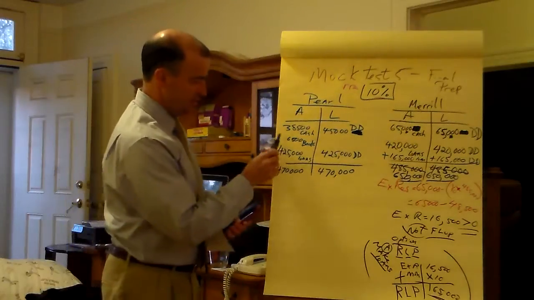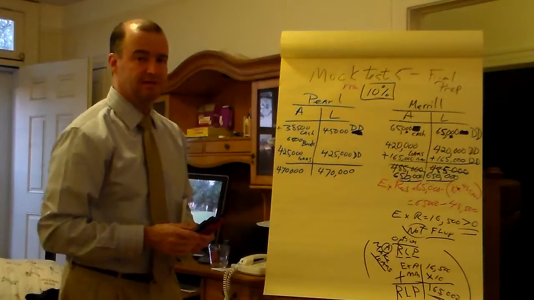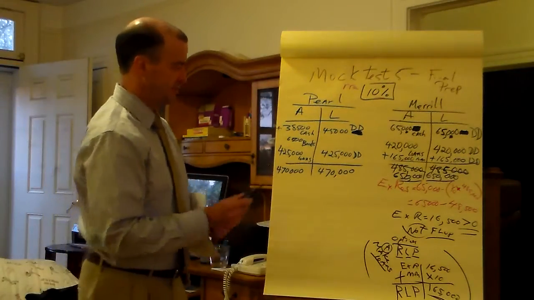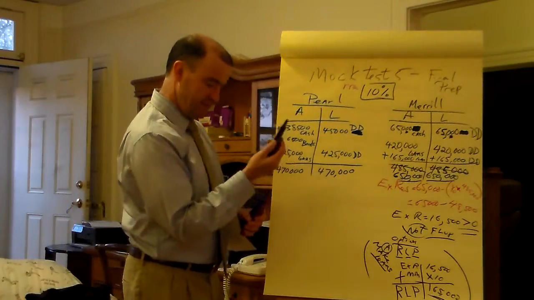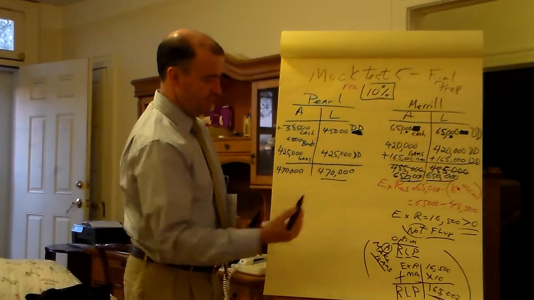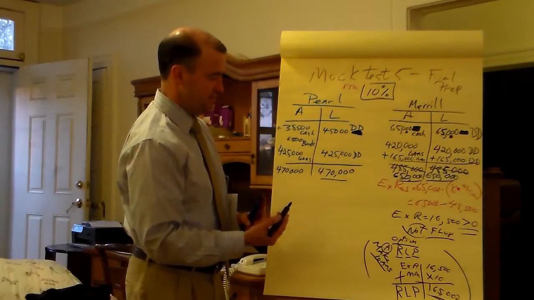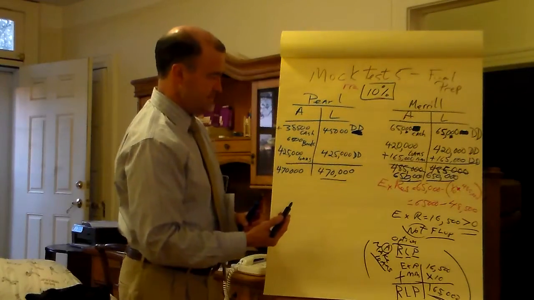But if you examine the figures carefully, you'll see almost immediately that she's overextended, because she has $38,500 in cash. She's supporting $470,000 in liabilities, in demand deposits. Right?